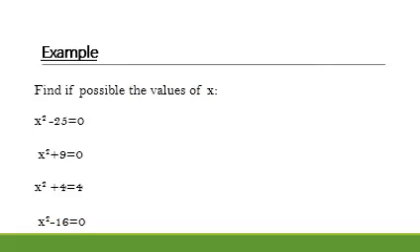I'm going to solve two of them. x squared equals 25, then x equals plus or minus 5. The second one, x squared equals minus 9. This is impossible. Okay?